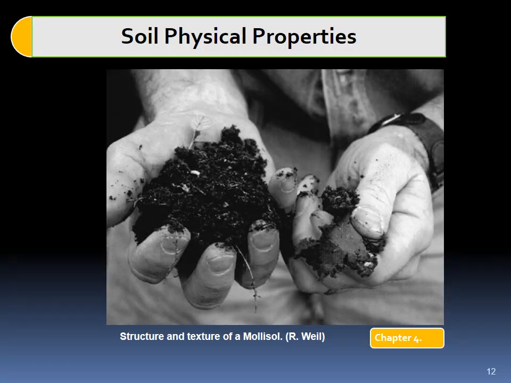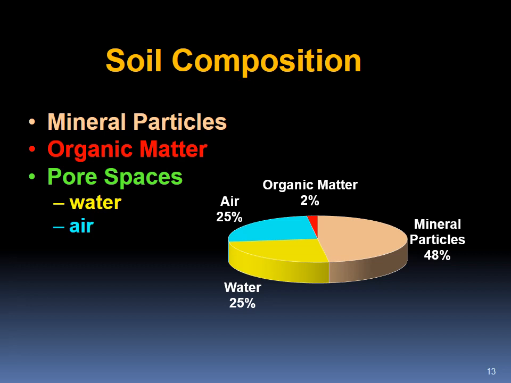Alright, so I think you are more fresh and ready to continue with the last part of this lecture. If you look at the soil and inspect it, you would find that it consists of 3 different things. It consists of mineral particles, which represent 48%, then 2% organic matter, and the last part is the pore spaces.